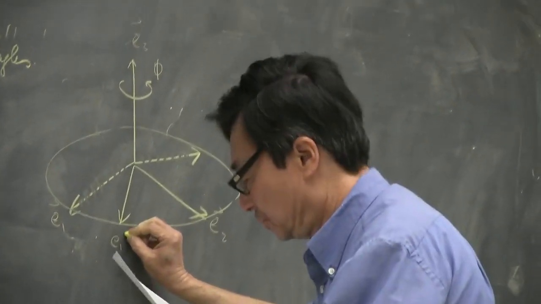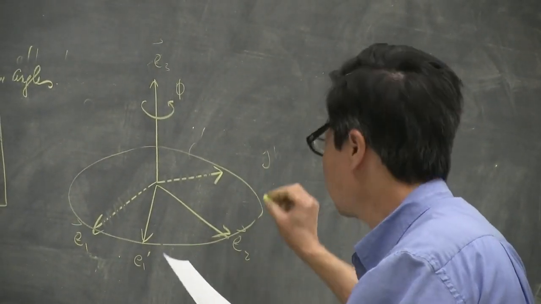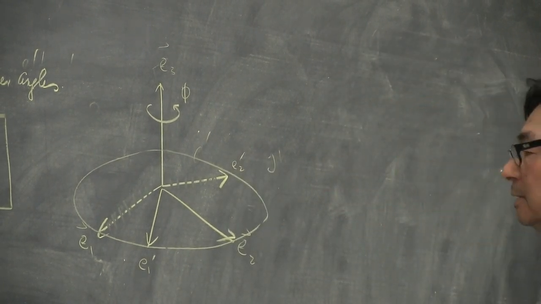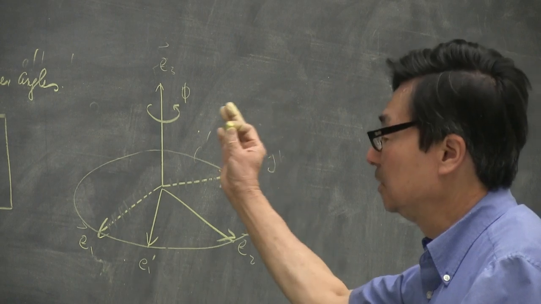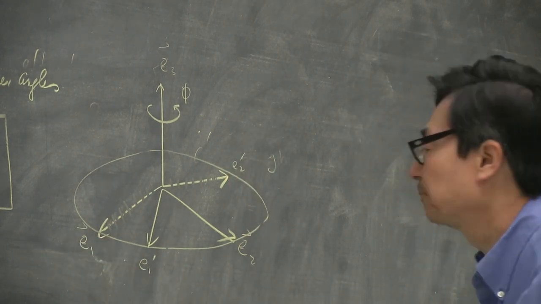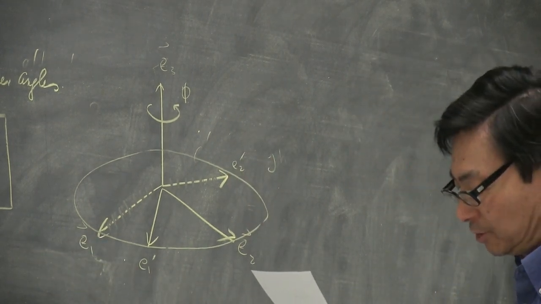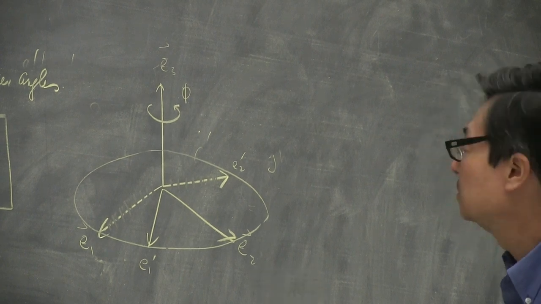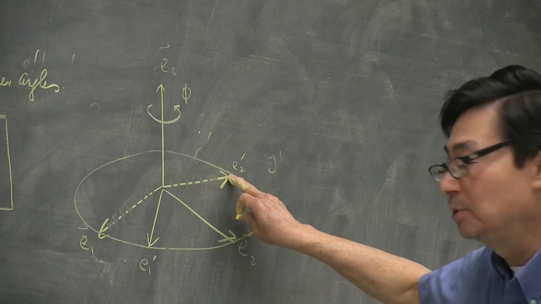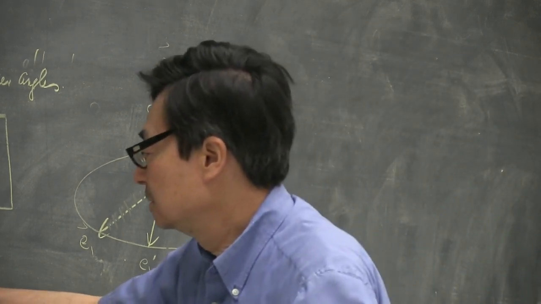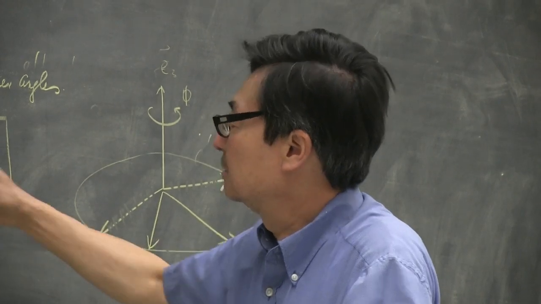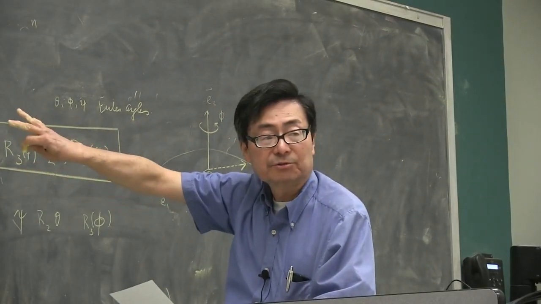So this one I call E1 prime. After the first rotation, this is E2 prime like that. Okay? So the first one is rotating about the original third axis by the angle phi. And then the next one is now to rotate about the new E2, the new 2 axis, which is this one.